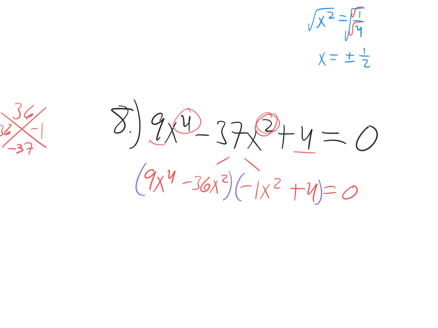In our first group, what can we pull out? All right, we can pull out a 9x squared, the GCF. And we're going to be left with an x squared minus 4.